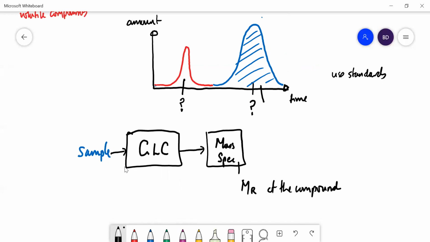Quite often, the Mr of the compound is then enough to identify what it is. So that is a very powerful way of analyzing volatile mixtures. But again, it's no good for things with high boiling points. Then you'd use thin layer chromatography or column chromatography instead.